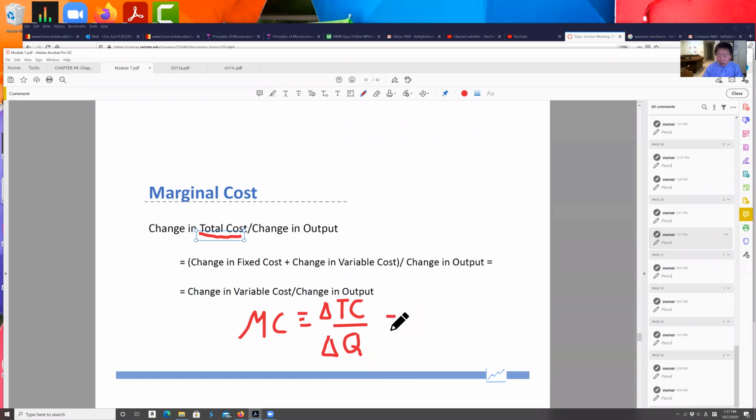So obviously, fixed cost does not change, so this is also equal to change in total variable cost over small change in output, okay?